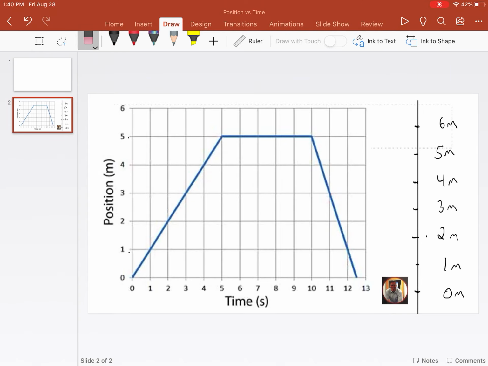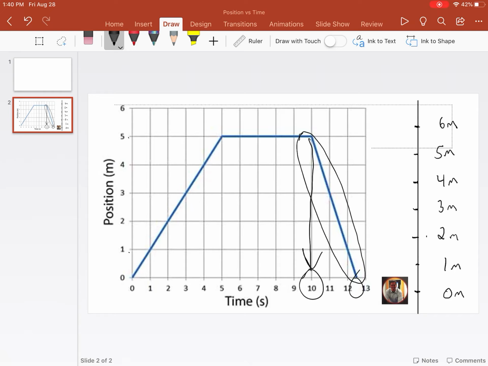That would be the last part, negative motion. So anytime you see the line going down and to the right, we have negative motion, right? I was moving down the number line here for this time period. So for 10 to 12.5 seconds, I went in a negative direction.